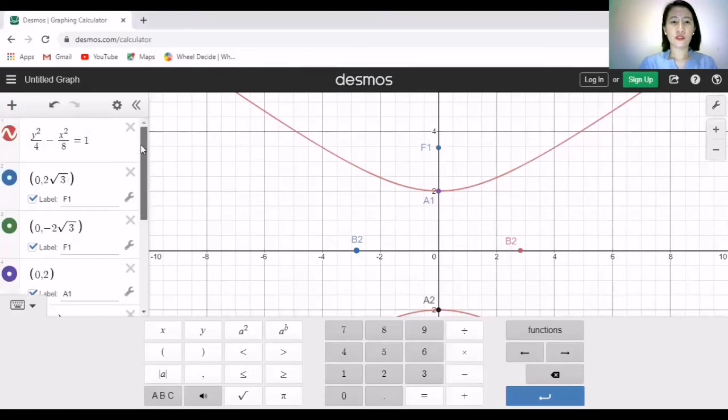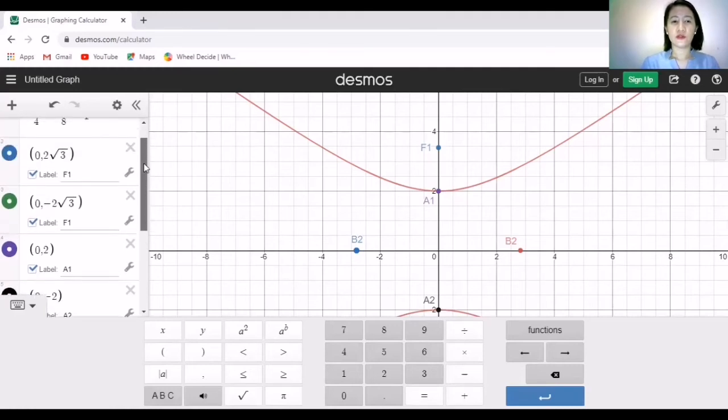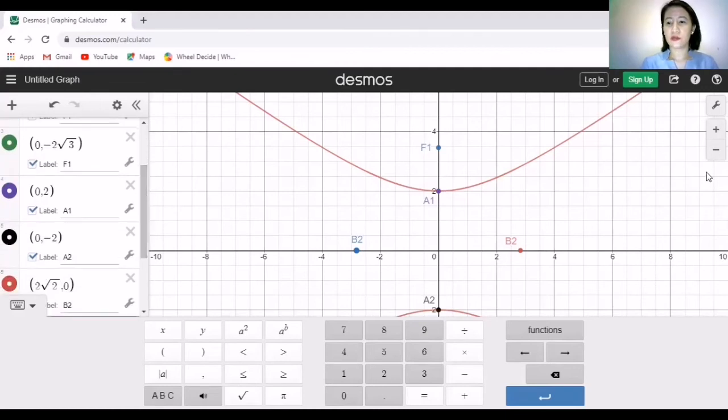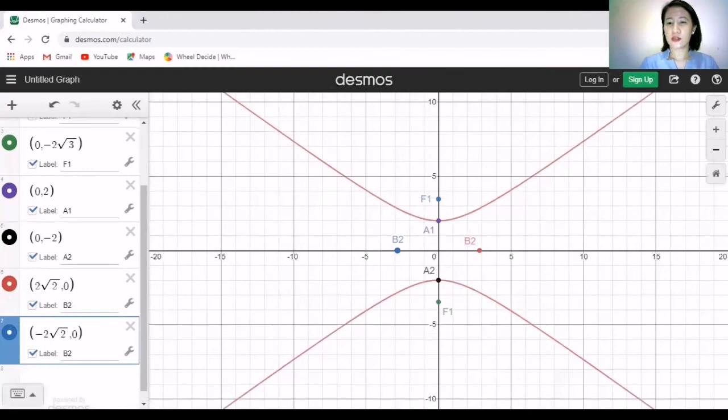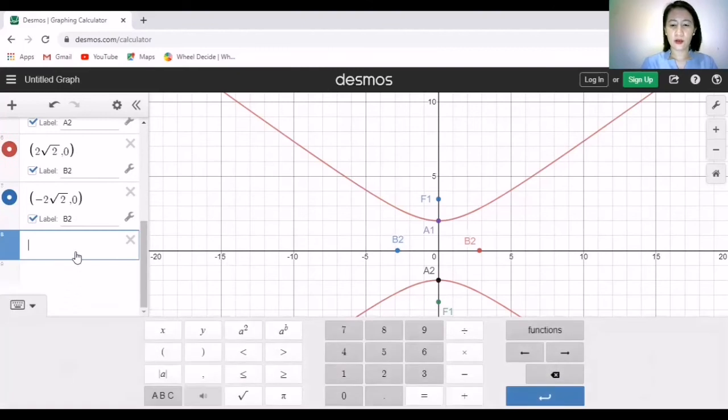So for our graph, I already placed the equation and then the parts already. So you have 0, 2 square root of 3, 0, negative 2 square root of 3, and so on. I'm going to just make this a little smaller so you'll be able to see it. And to complete it, let us now have the asymptote. The asymptote now will be y is equal to square root of 2.